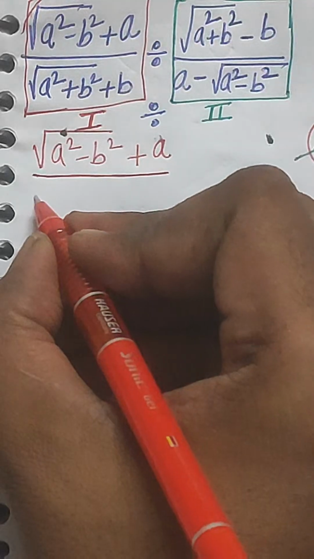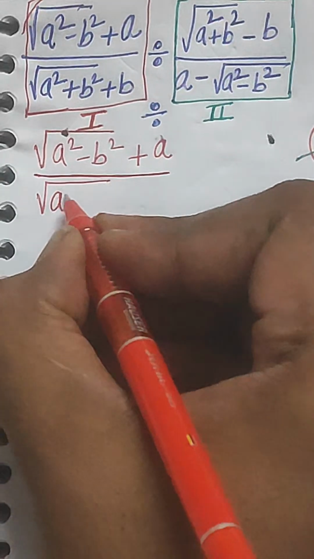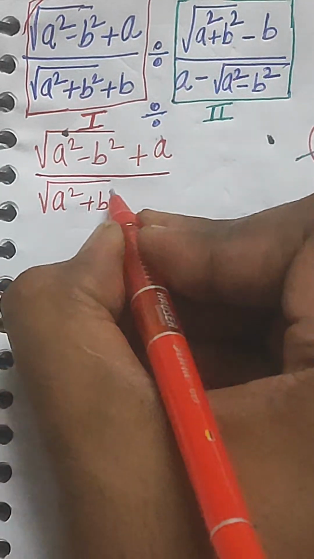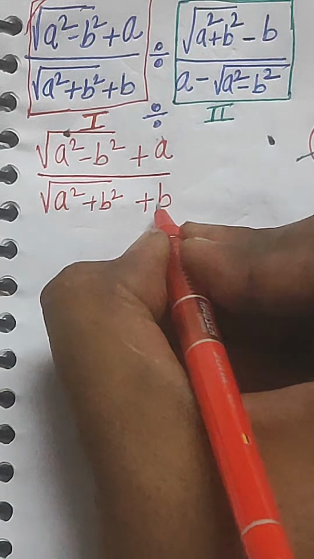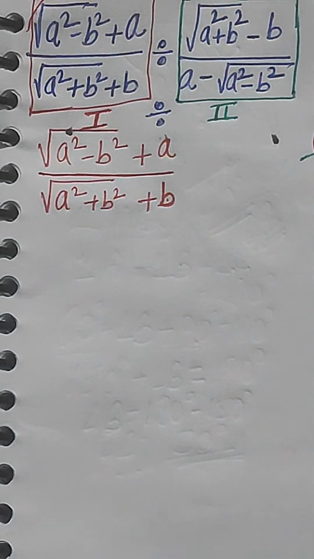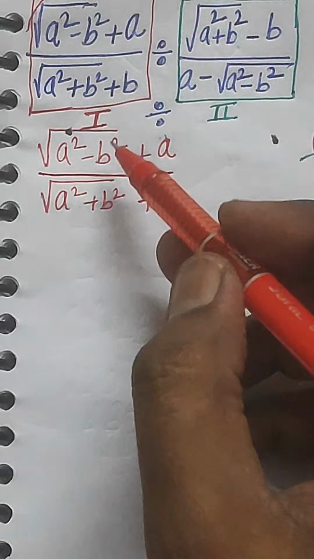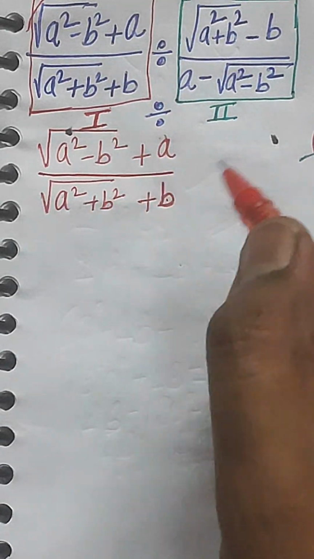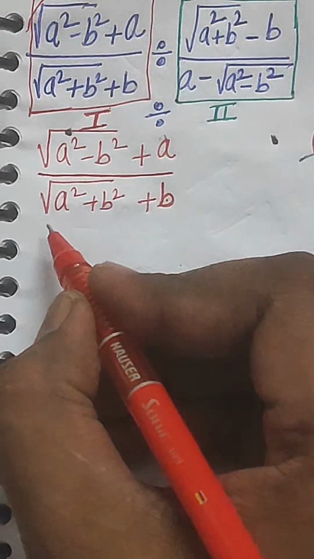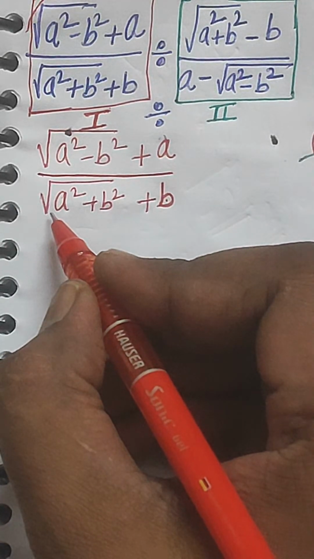Divided by root over of a square plus b square plus b, right? So do one thing, just for the first part, rationalize it just to eliminate the root of the denominator, right?